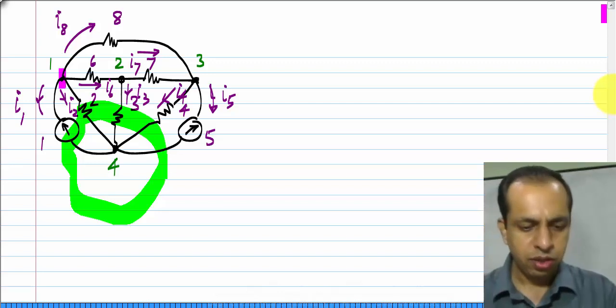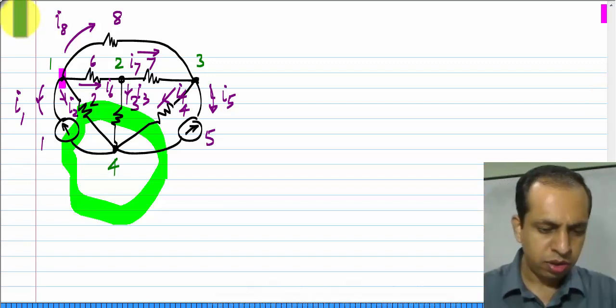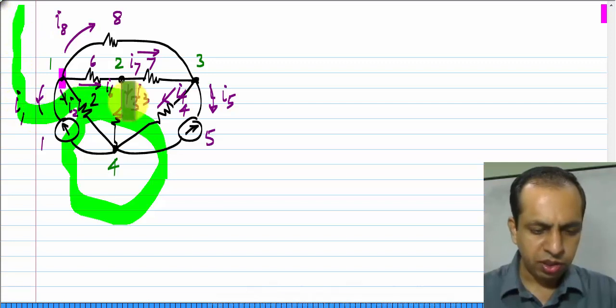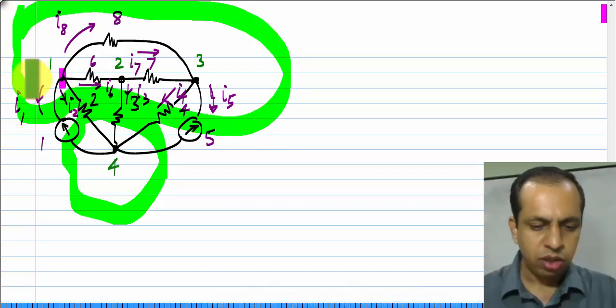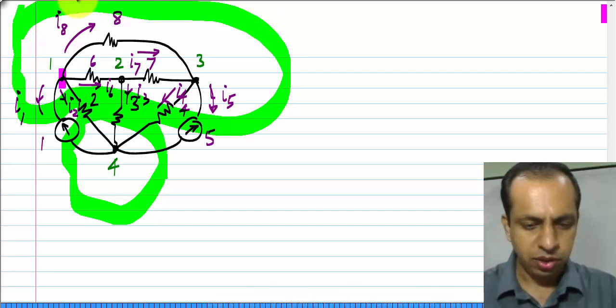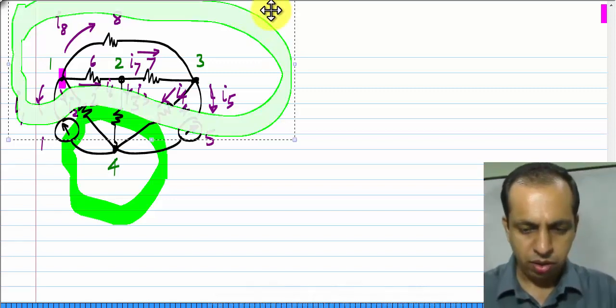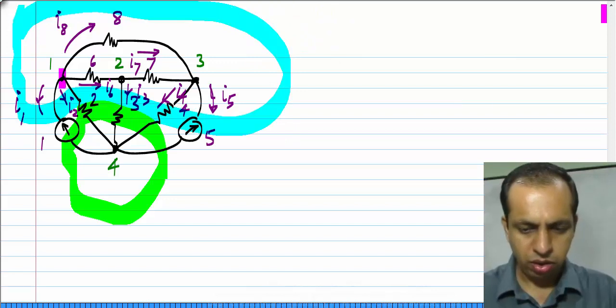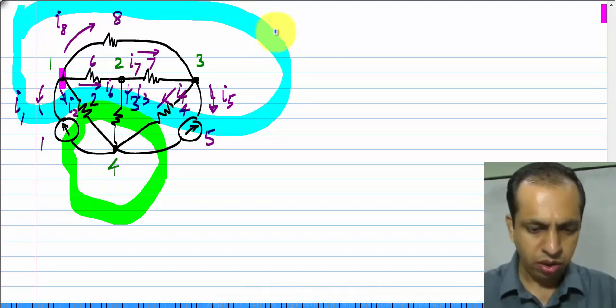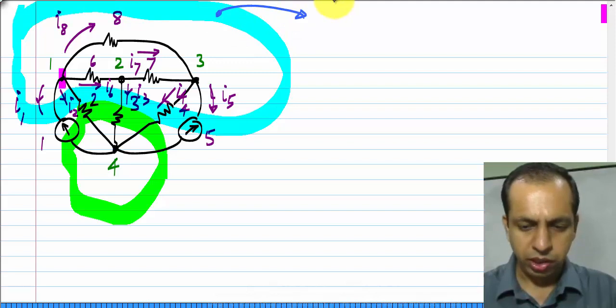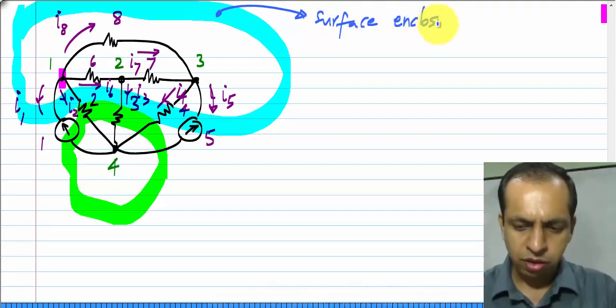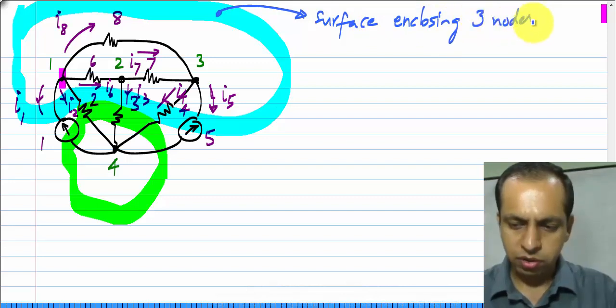Now, let me also draw a surface enclosing all the other 3 nodes: a surface enclosing nodes 1, 2 and 3.